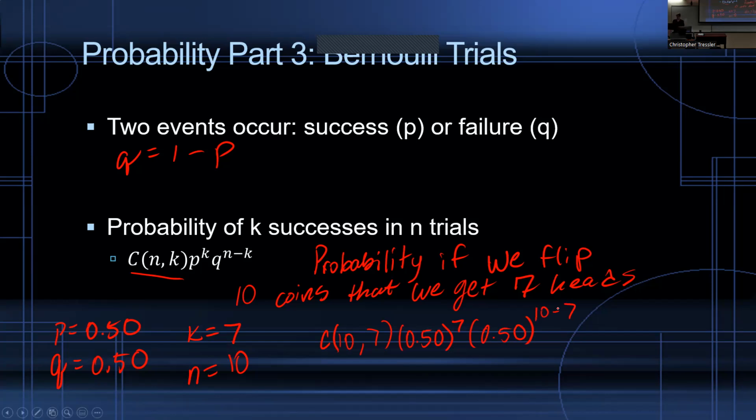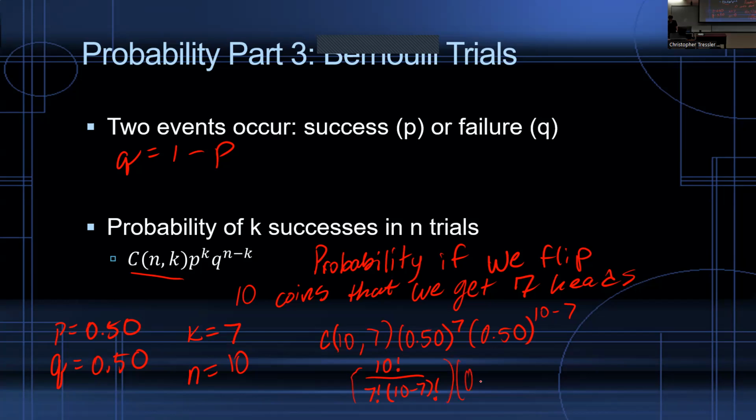Now, if we do this combination thing, we're going to get 10 factorial over, remember, on this side we can have 10 minus 7 factorial. And right here, I believe in the formula for combinations we have the r factorial, so that is going to give us 7 factorial right here.